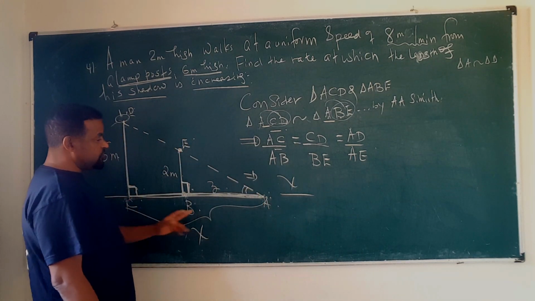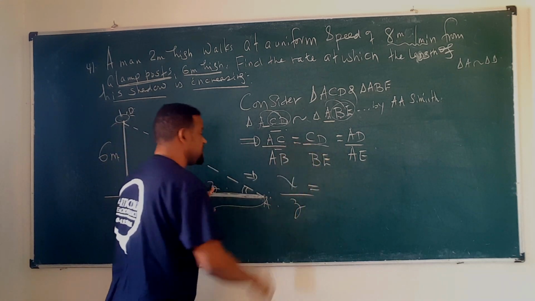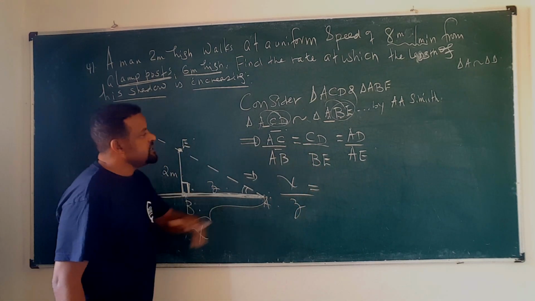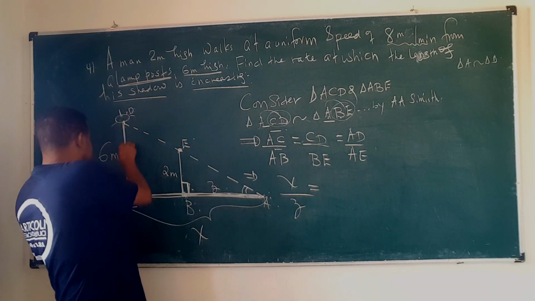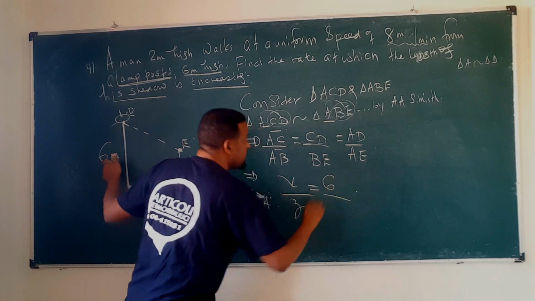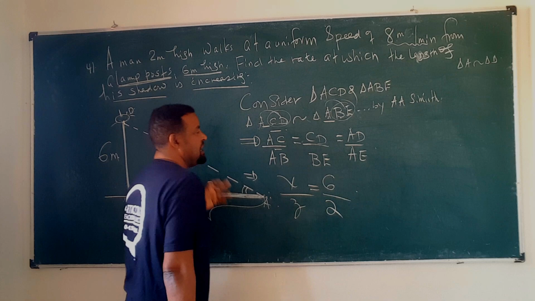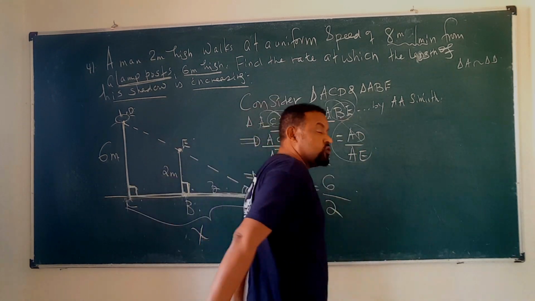And what does AB mean? AB is z. And what is CD? CD is the length of the lamppost, which is 6 meters, over BE, which is 2 meters. For the time being we leave this one, because we don't need it.